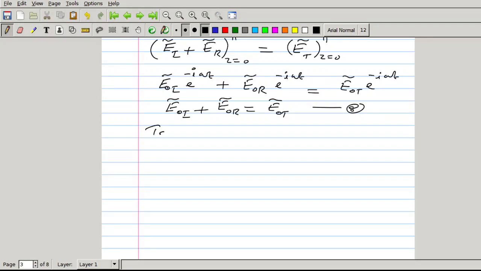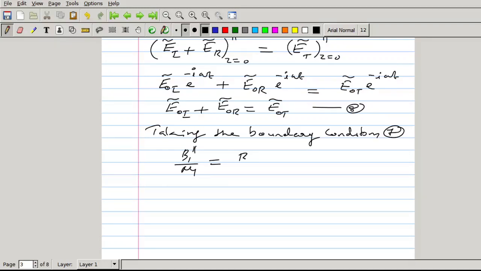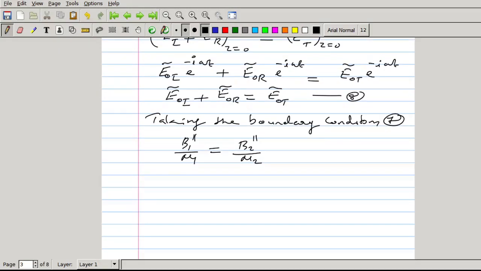Now taking the fourth boundary condition, equation 7: B1 parallel by mu1 equal to B2 parallel by mu2 at the boundary at z equal to 0.